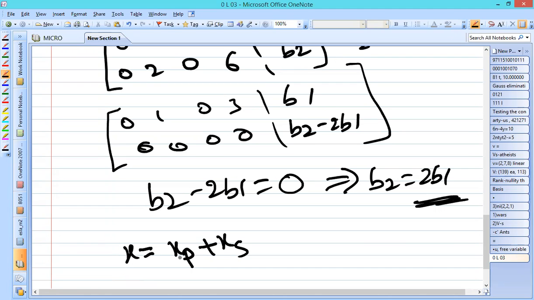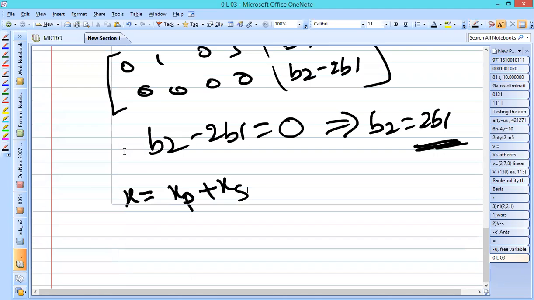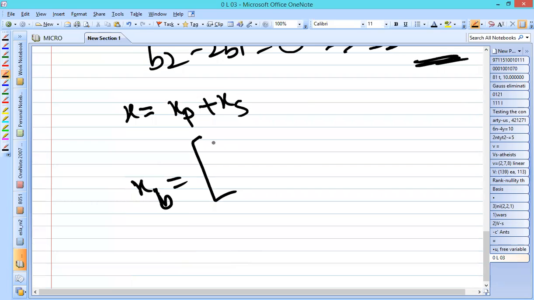So first, for that reason, we'll write the equation for xp. Here xp can be written as, so we only need B1 here, so the solution is 0 B1 0 0.